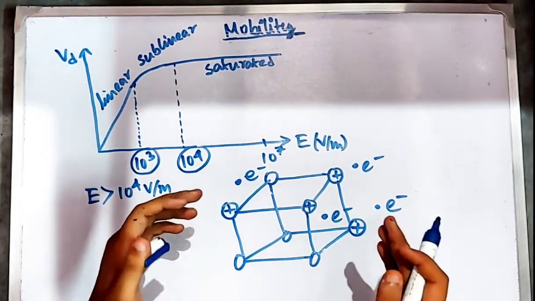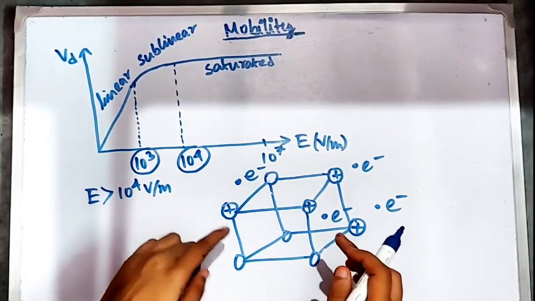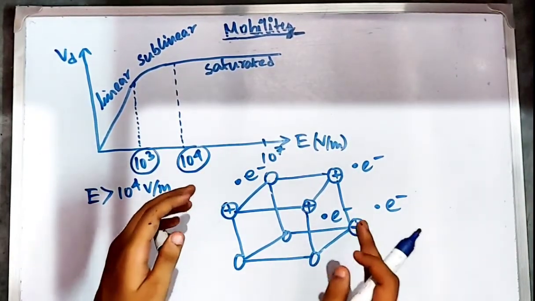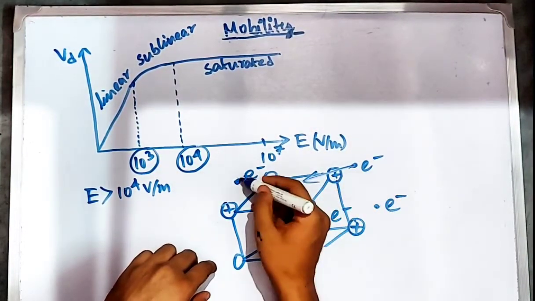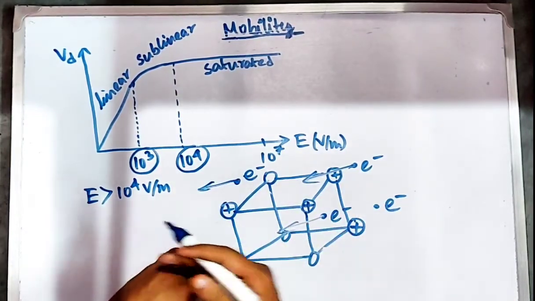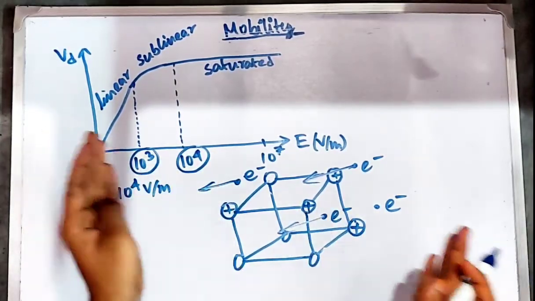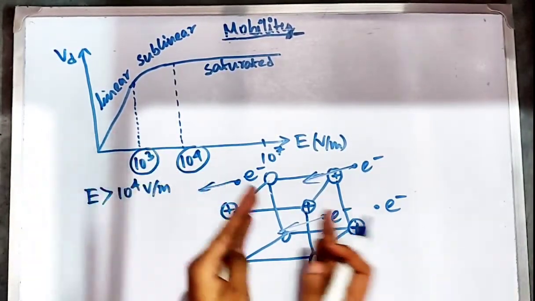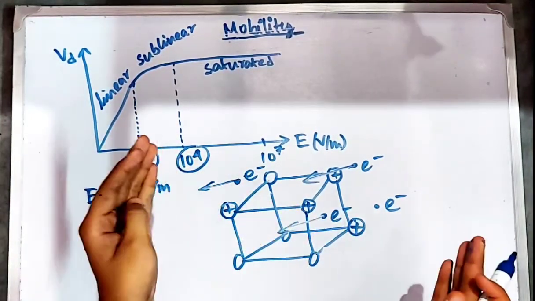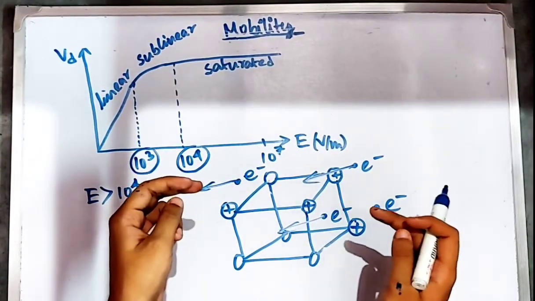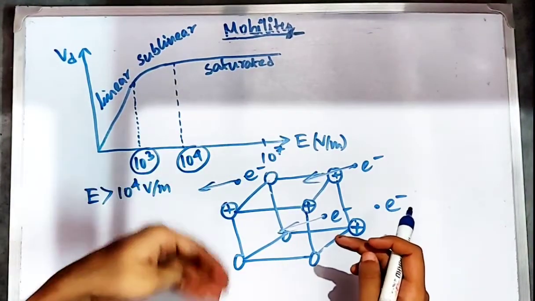So what is the effect of this? What is the result of this phenomenon? At first, when we were applying a small value of electric field, the electrons were moving in this direction through the interatomic distances. But as right now the lattice points are vibrating, the interatomic distance will get reduced and the lattice points will come in the path of the electrons due to their vibrational motion.